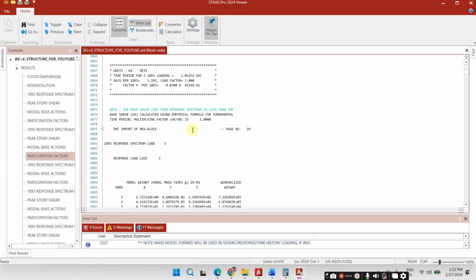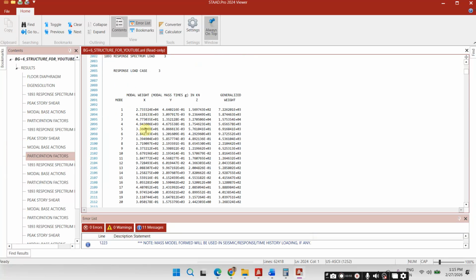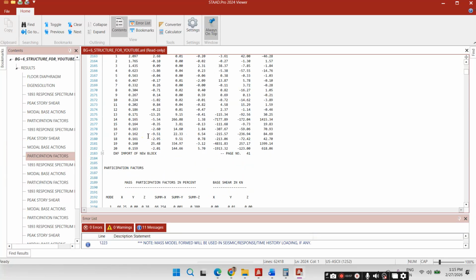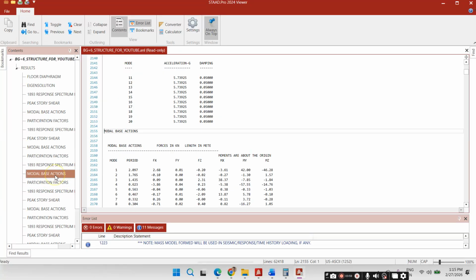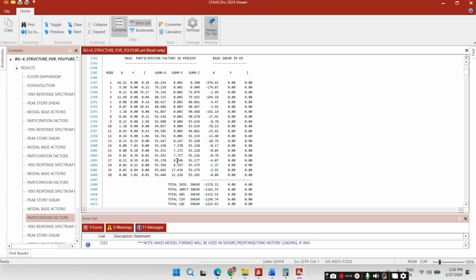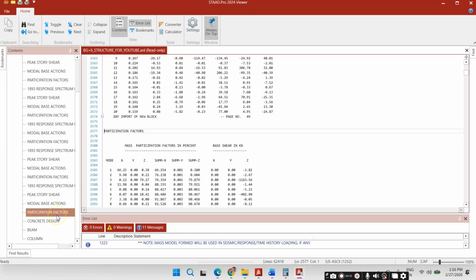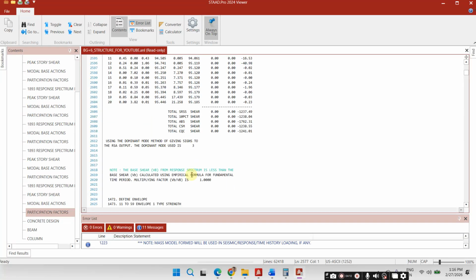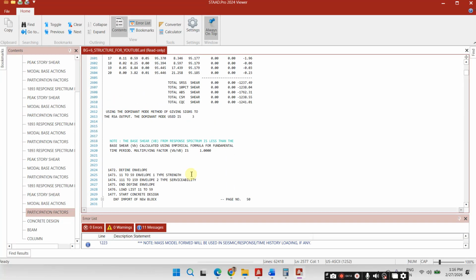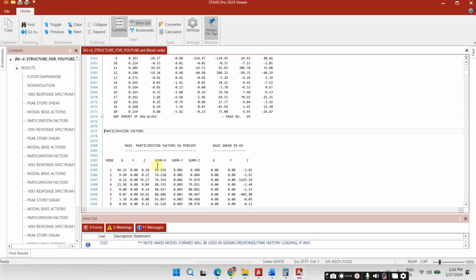So you should also check it. And the mass participation factor in all the cases is 95, 95. So no problem.